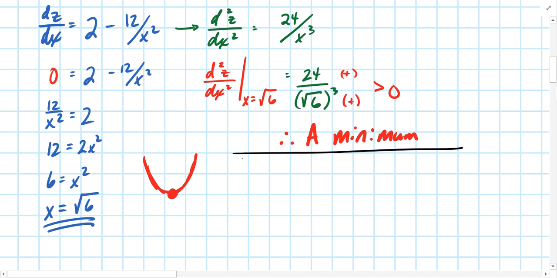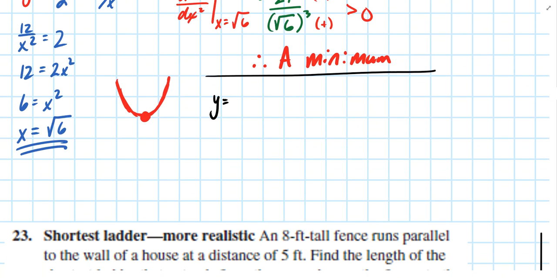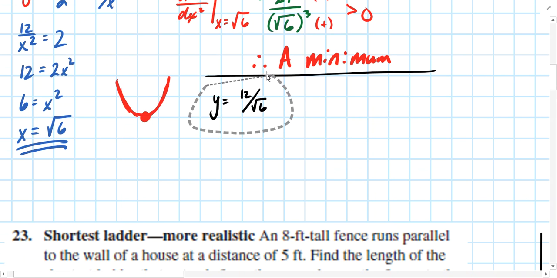So one last thing that we can and should do in this case is find the y value that goes with this x value. And we were calculating our y value in terms of x earlier. So y is equal to 12 divided by x. In this case, the x value is the square root of 6. I'm okay with this as a result. We don't need to simplify any further.